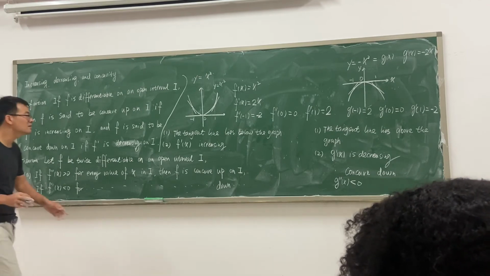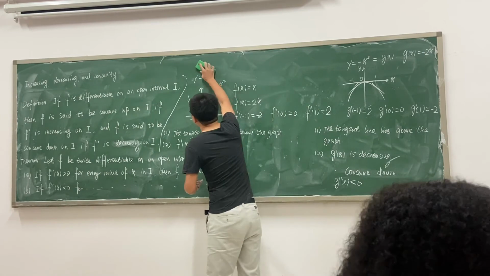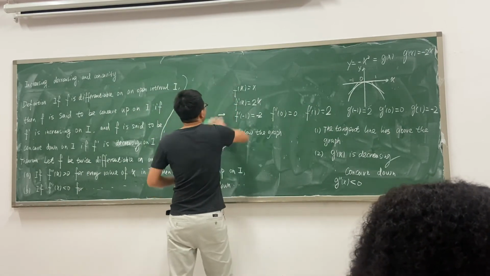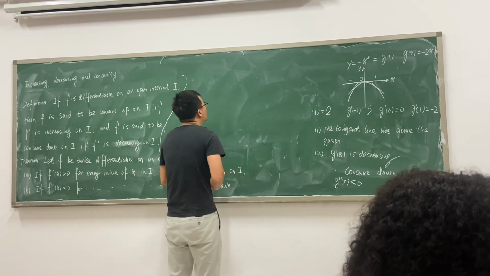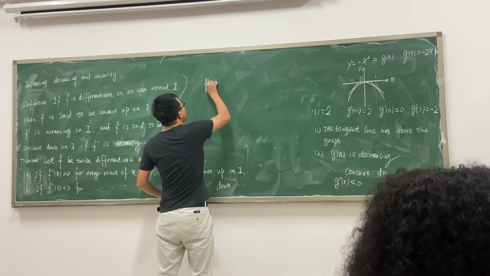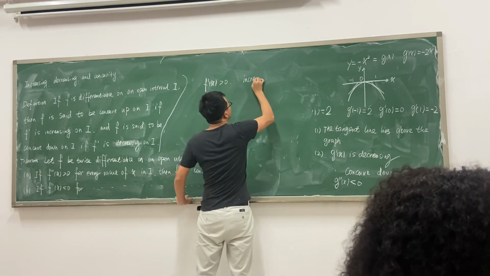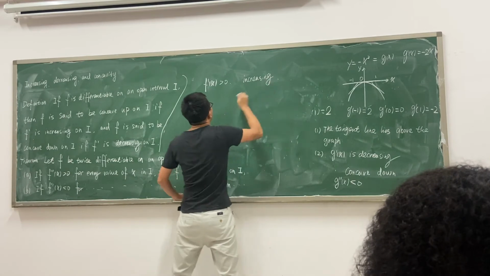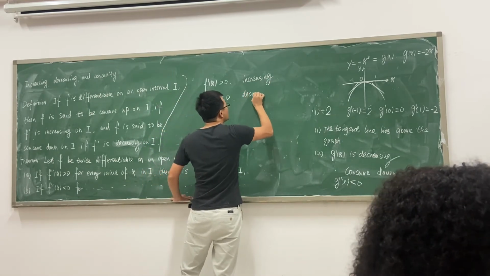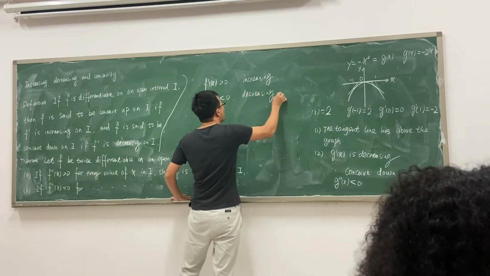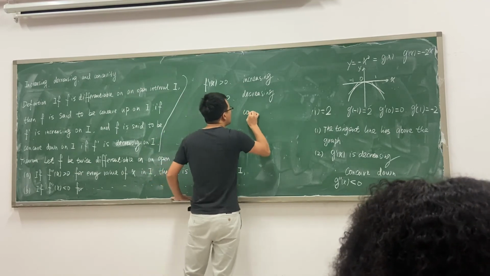So actually, for the content of this class, we just need one sentence. If f prime is greater than 0, increasing. And f prime less than 0, decreasing. And f double prime greater than 0, concave up.